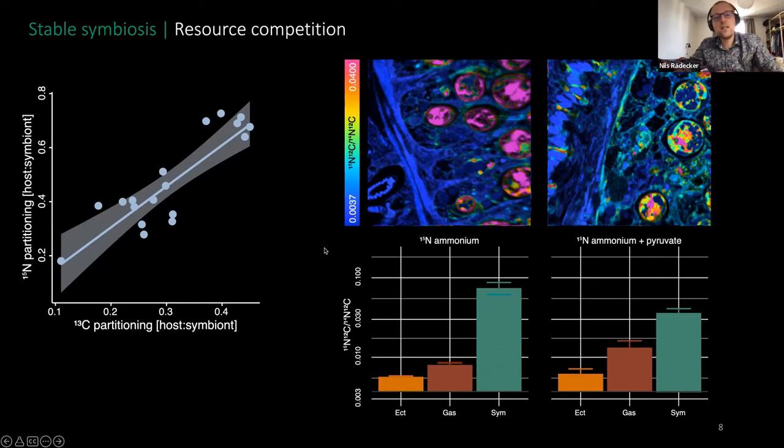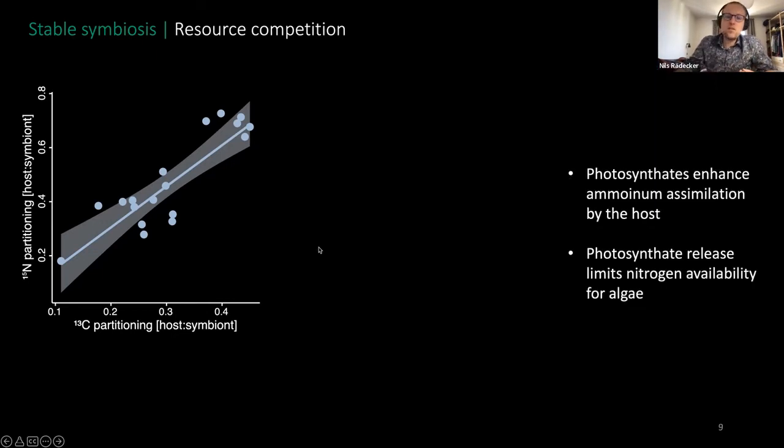And so we are here talking about a direct competition in terms of nutrients, in terms of nitrogen, between host and symbiont. And what is interesting about this concept is that we often think about symbiosis in a kind of reward and penalty system. So good behavior gets rewarded by the host. But here we actually have the opposite. The more the algal symbionts are sharing their resources with the host, the more the host punishes them by retaining environmental nitrogen from them in the symbiosis.